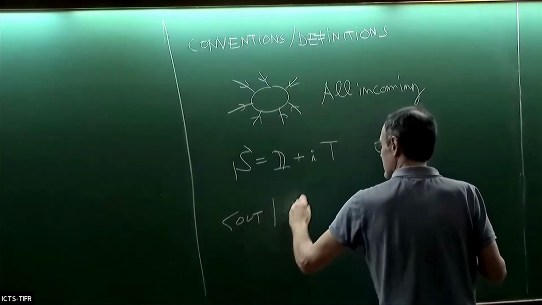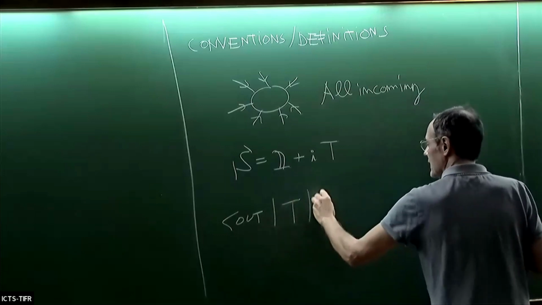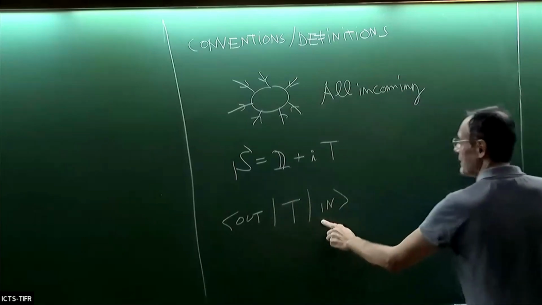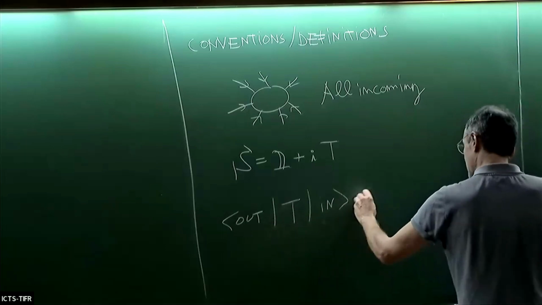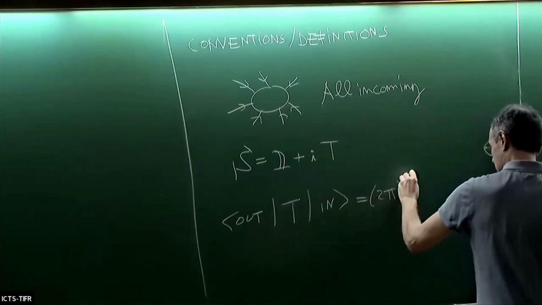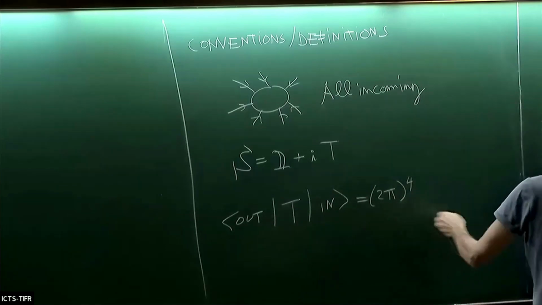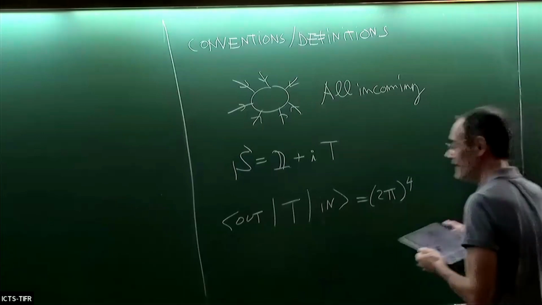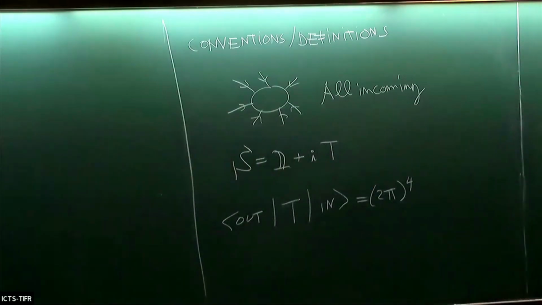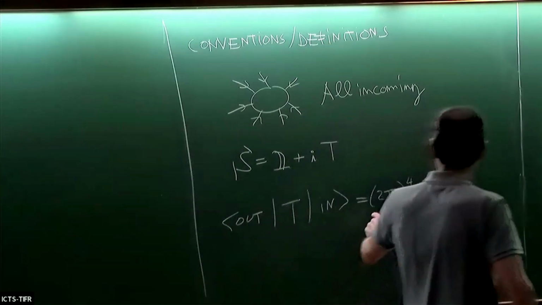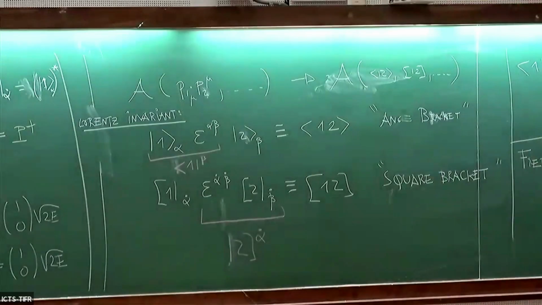I'm going to take T out in a state in an amplitude. We do the bracket. You write it like 2 pi to the 4, delta 4, the sum over P of the inner states.